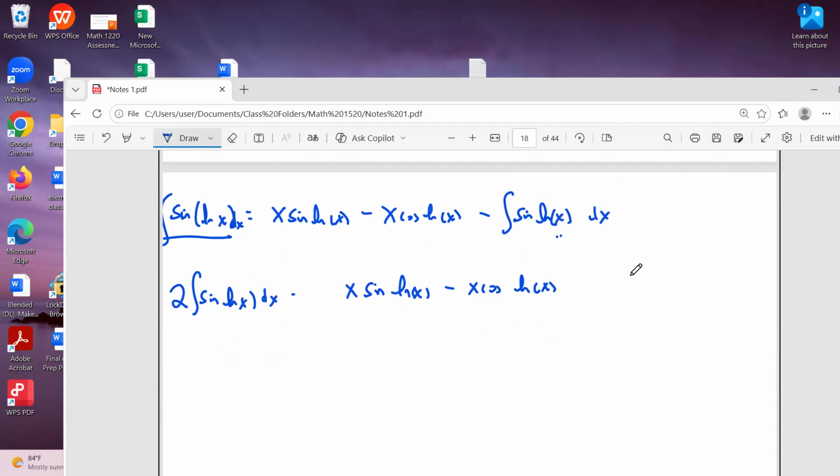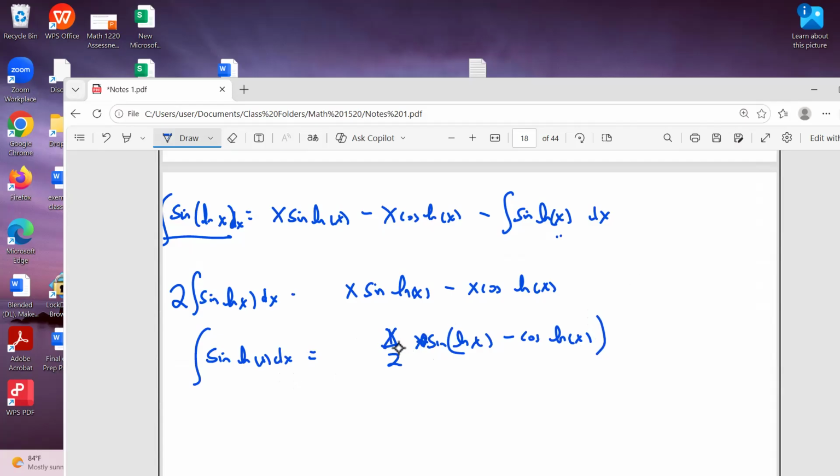Divide by 2, and we end up with the integral of sine ln x dx equal to x over 2 times the quantity sine of ln x minus cosine of ln x. And that's how you do a problem like that. You have to remember it's circular, so be careful when you have these. There are a lot of moving parts.